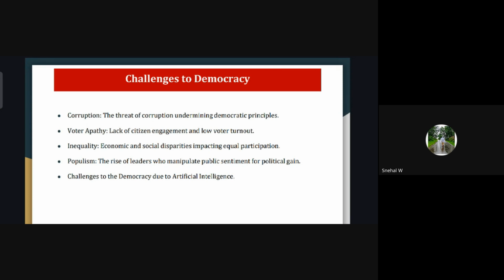Economic inequality clearly states that when there are two classes, mainly called the rich class and the poor class, even if the rich and poor class is there, still it is fine. But the problem is when the gap between rich and poor increases day by day rather than reducing.